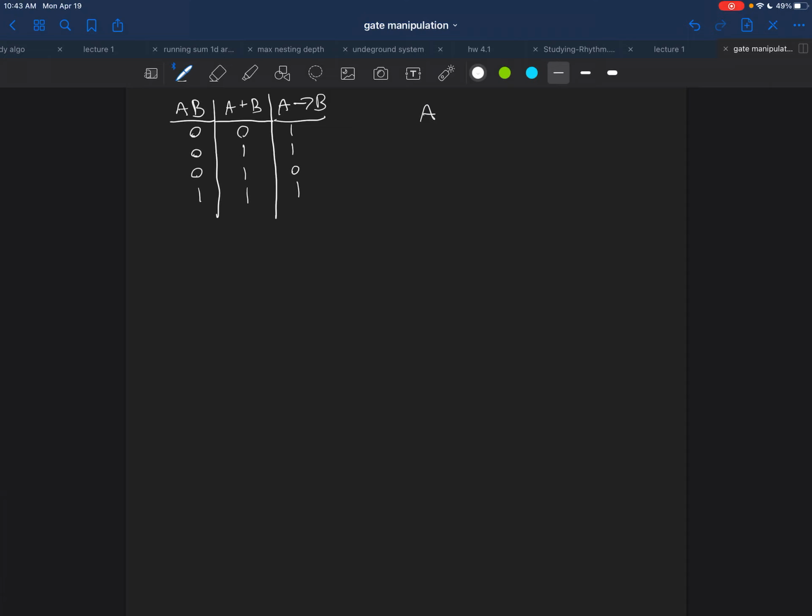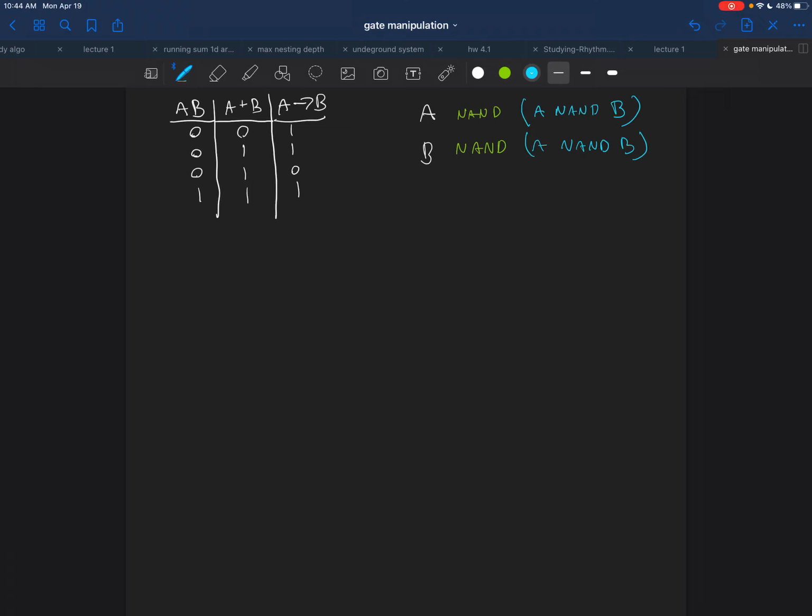So we have A NAND, and what if we do it with A NAND B? What if we do A combined with a whole NAND? Or maybe it's A NAND B. Maybe something like that.